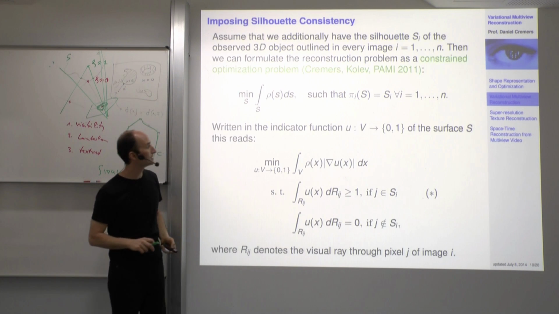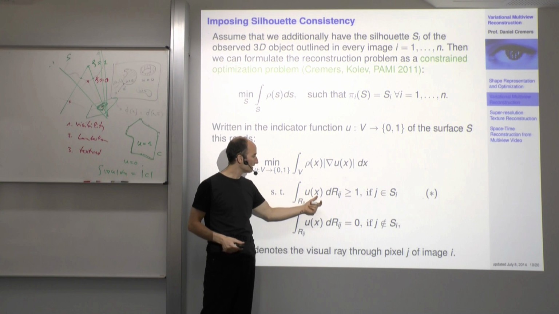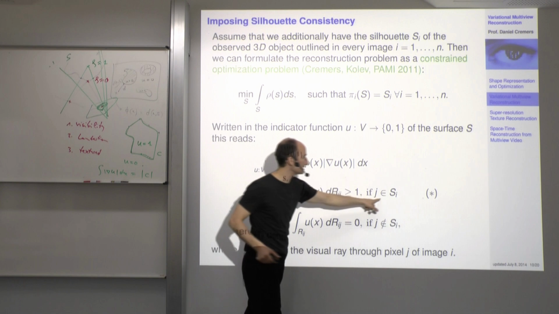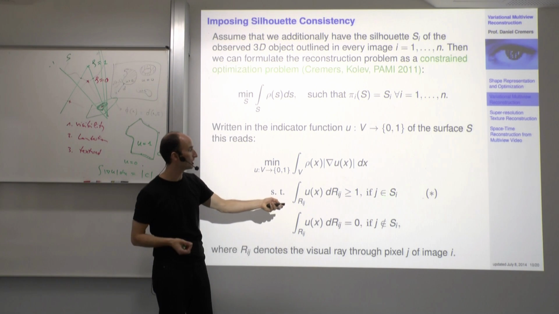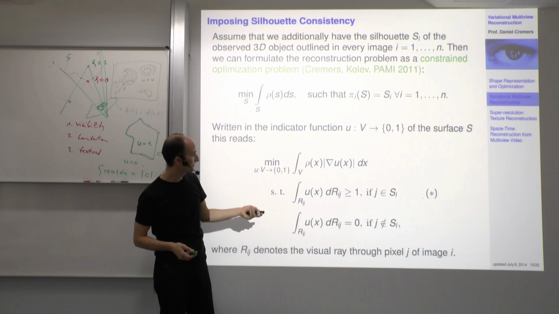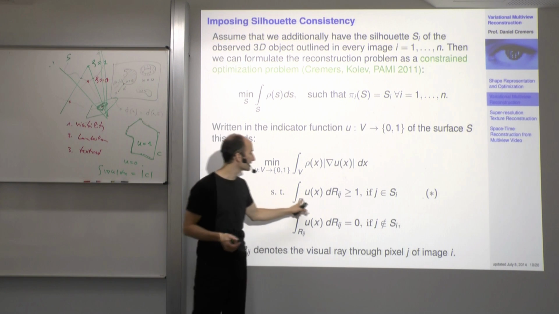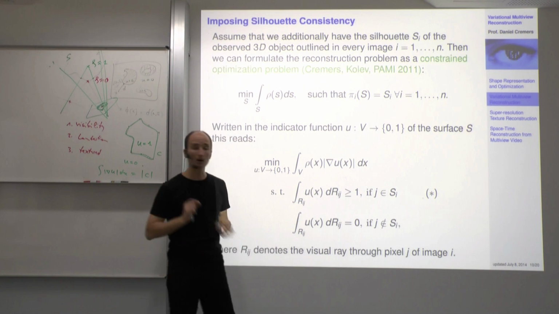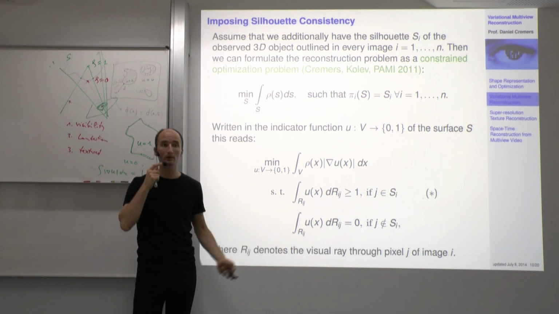How can I phrase that as an optimization problem? I just said it. If you take a ray where the pixel j is in the silhouette area, the area of the object, then there must be at least one voxel that is on, meaning if I sum all the values of u along this ray, then the sum must be larger or equal to 1.